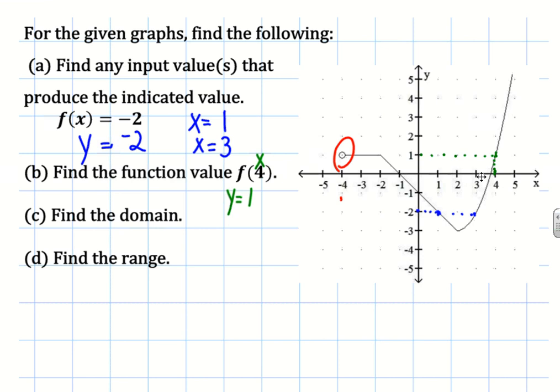So instead of putting a bracket at negative 4, I'm going to use a parenthesis, and infinities always end with parentheses. The range, which is our y, is here, and it goes to infinity. So we're going to say that range is negative 3 to infinity.